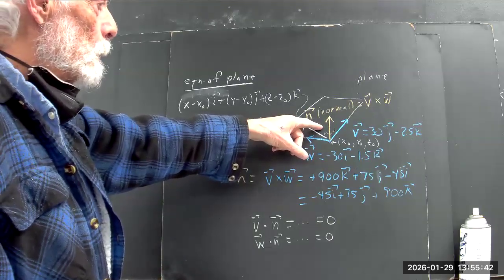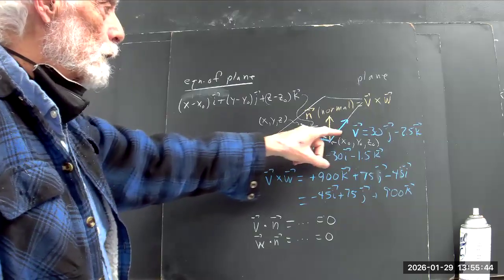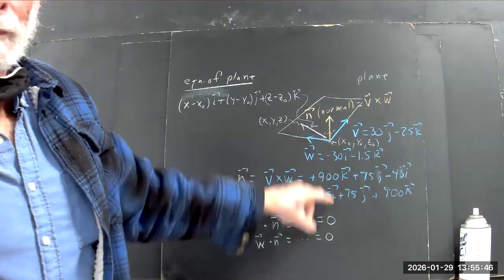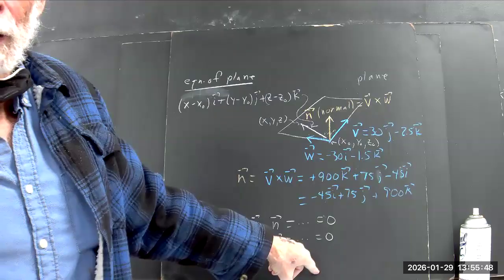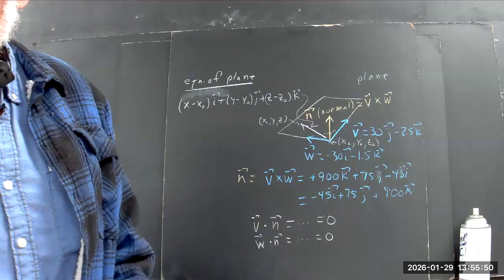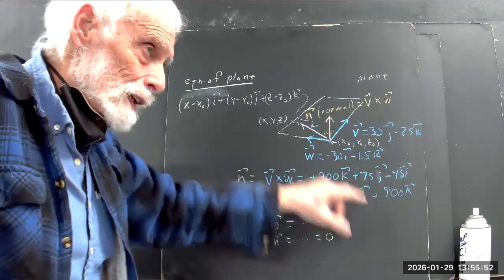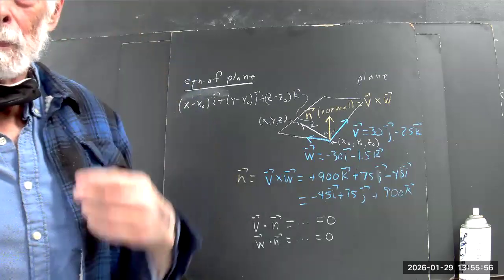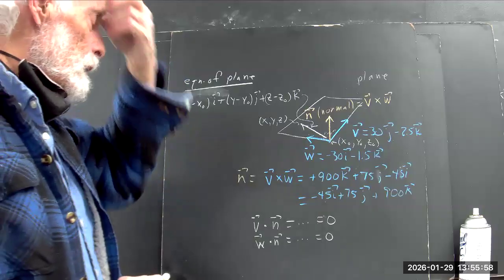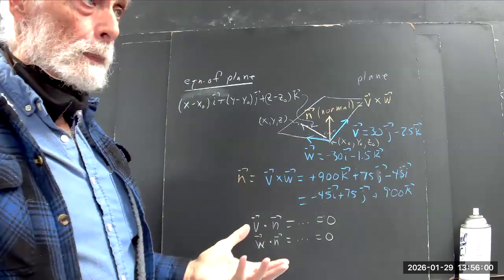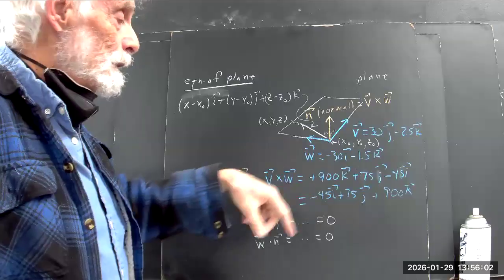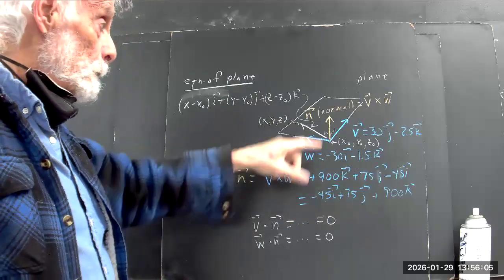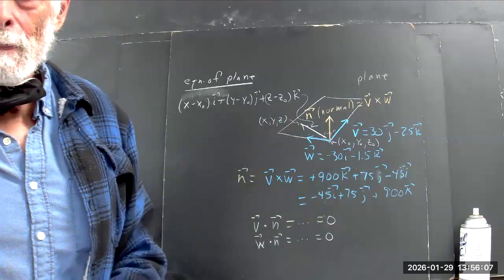What direction does the normal vector make with these two vectors in the plane? We just proved that the dot product is zero, which it had to be because that's what happens with a cross product. You get a vector perpendicular to both vectors. Well, the two vectors define the plane. Any vector in the plane has to also be perpendicular to the normal vector.